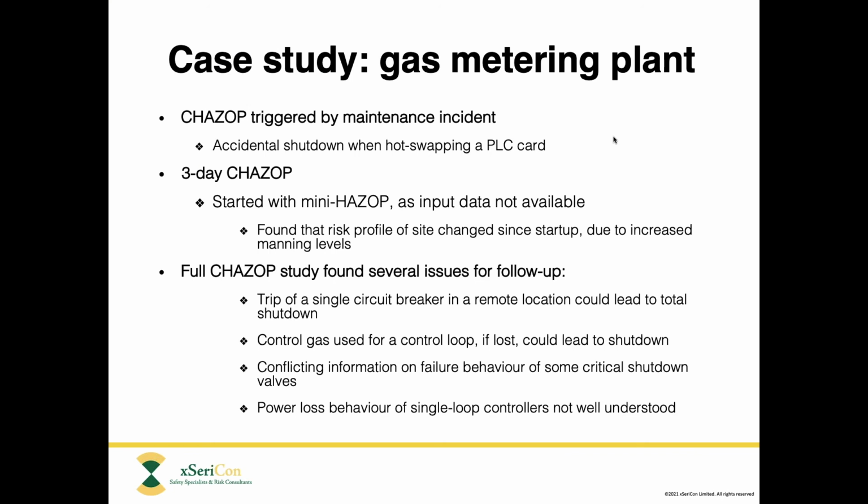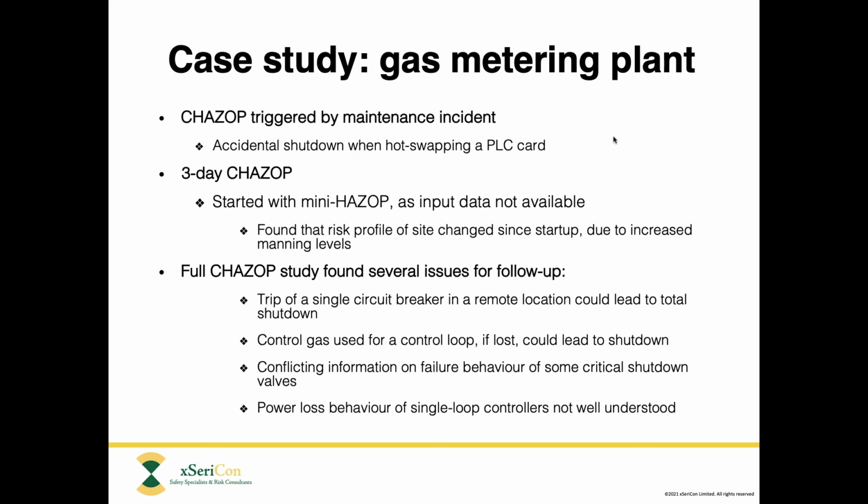So they tried it, but unfortunately, as soon as they removed the old card, the whole of the control system tripped and it shut down the whole process. And as a result, the supply of sales gas to a number of large consumers was cut, and there was a lot of downtime, a lot of outage on some downstream plants, which ended up being a very costly event.